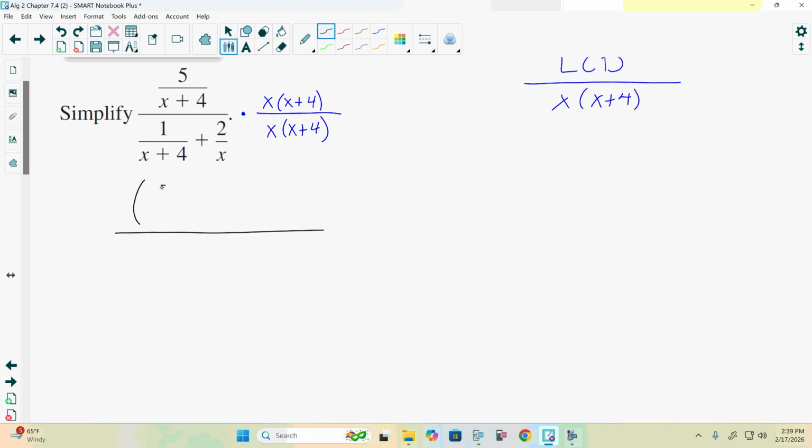So on top, we're multiplying our 5 over x plus 4 by this x times x plus 4. There's only one expression on top, so we just have it being multiplied by the one on top.